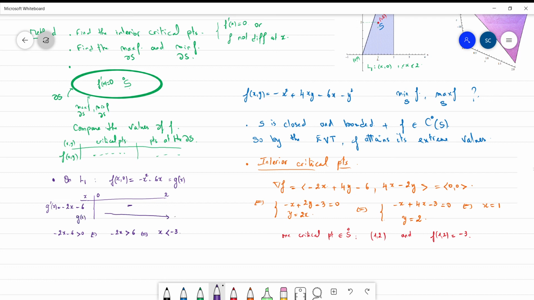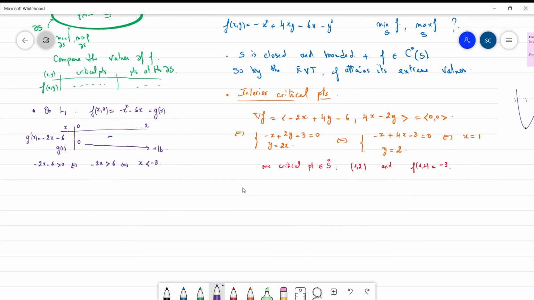At 0 it takes the value 0, at 2 it takes minus 4 minus 12, which is minus 16. So I can read the maxima here. I have a continuous function on a closed bounded set, so I have the maximum and minimum. With a function of one variable, we can make this discussion in a table, and see that the maximum is at 0, 0, so I can start gathering the points in the table.